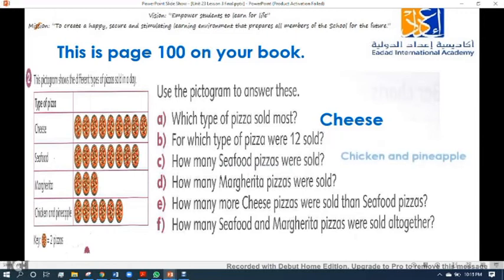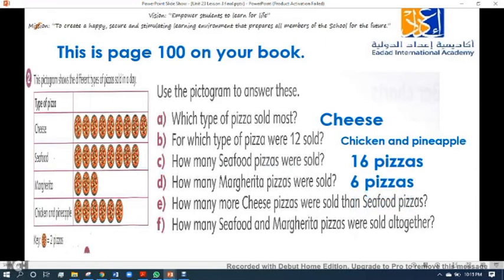Only 12. Alright, only chicken and pineapple. How many seafood pizzas were sold? Good, 16 pizzas. How about the margarita pizza? Great, only 6 pizzas.